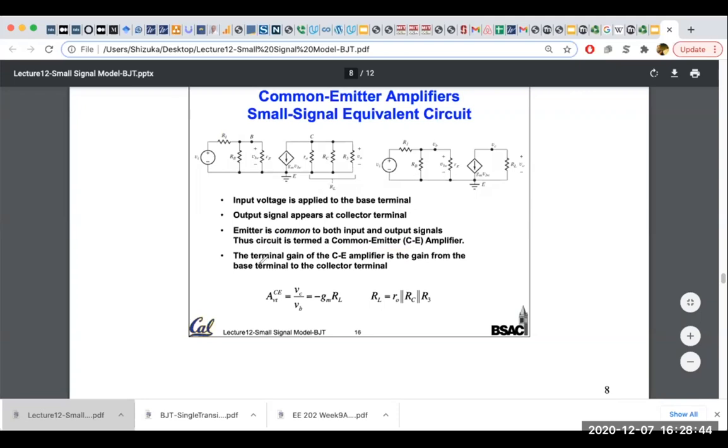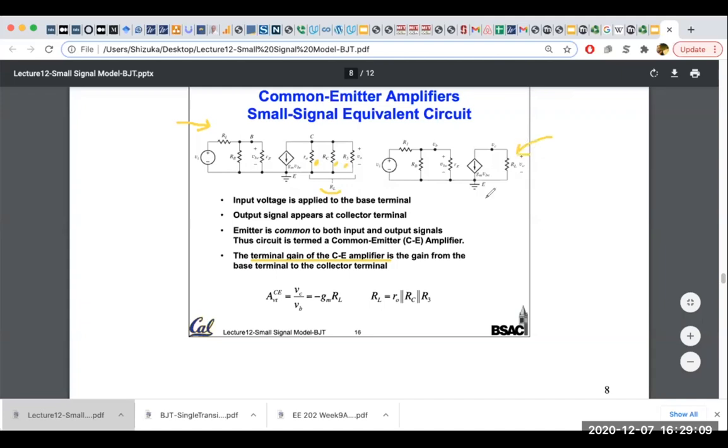So let's find the gain of this common emitter amplifier, for instance. Looking at the circuit, we simplify this RO, RC, R3 as R load. So we write it as R load.